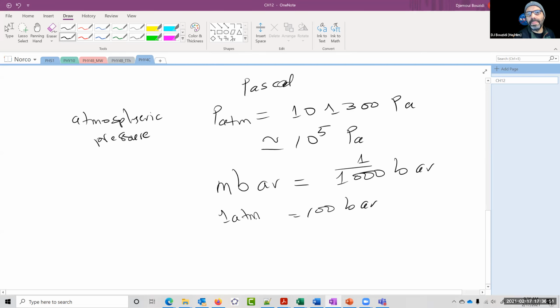Did I have the conversion right or not? I'm sorry, let me get this thing correct. That's not correct. That's not the correct conversion. So what I want to write is actually that a bar is 100,000 pascal.